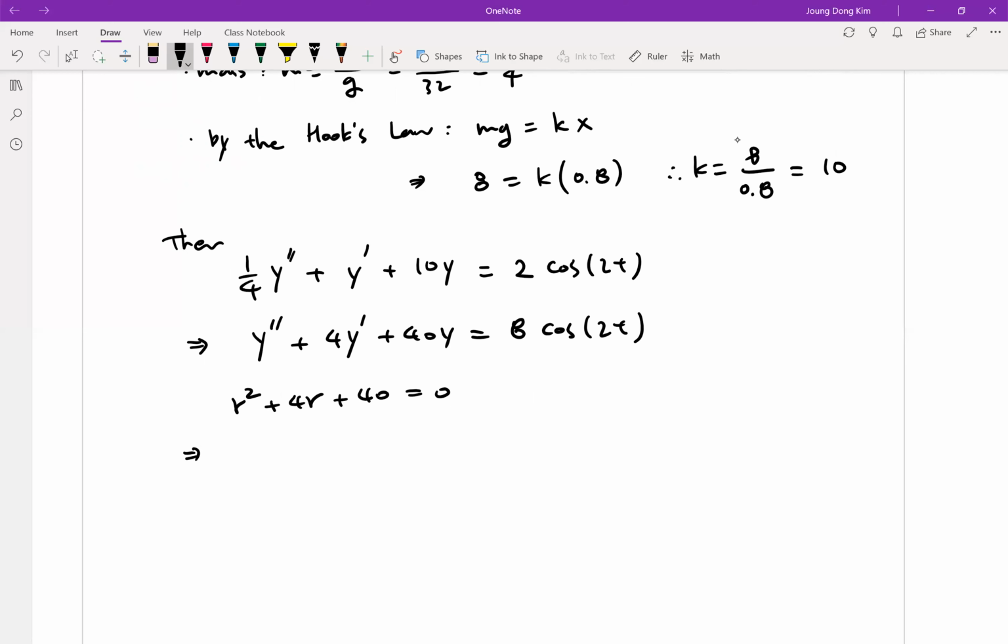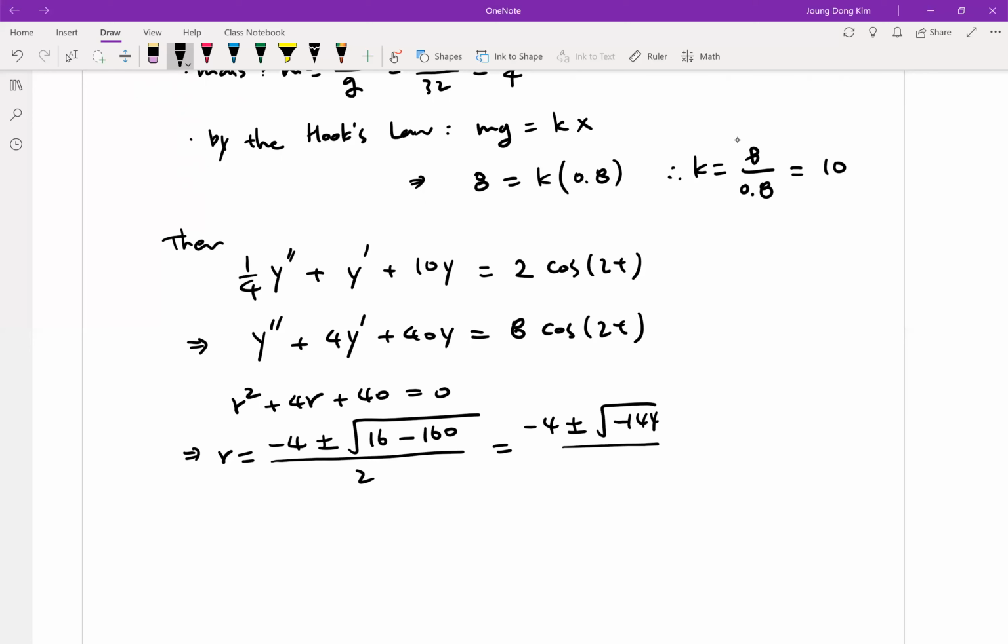Your r can be found by negative b plus or minus square root of b squared minus 4ac over 2a. Let me simplify: negative 4 plus or minus square root of negative 144 over 2, which is negative 4 plus or minus 12i over 4. Then simply we can write this one as, not 4, but 2: negative 2 plus or minus 6i.